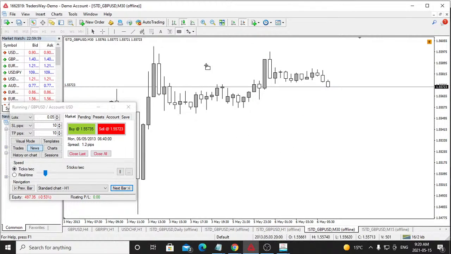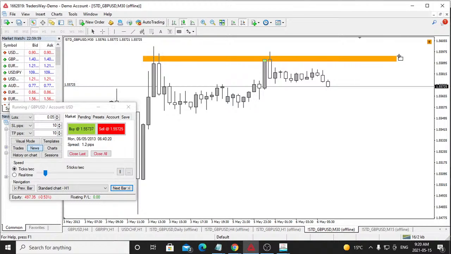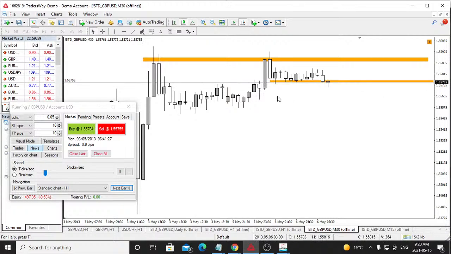Let's mark up our charts and make sure that everything is marked up. This would be that level of support that's breaking right there, and this would be that level.